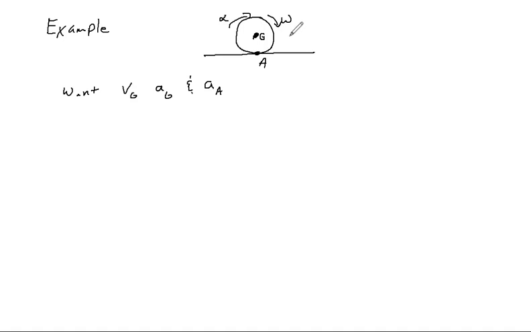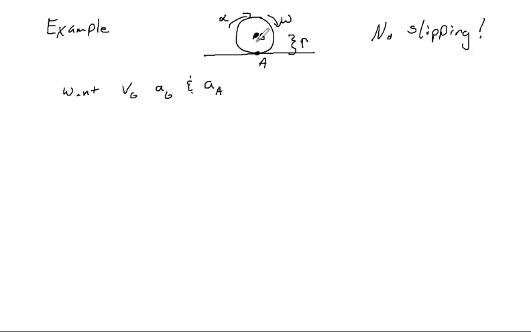So we'll go ahead and assume that the radius of this object is r. And what I would like to do is assume that it rolls with no slipping. Okay, so no slipping. That simplifies the analysis.